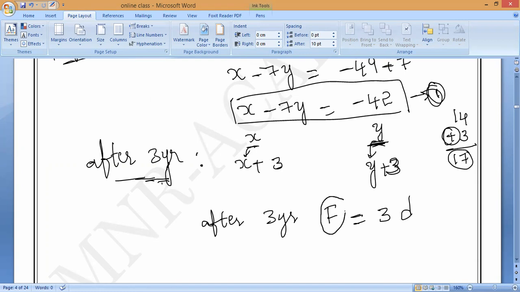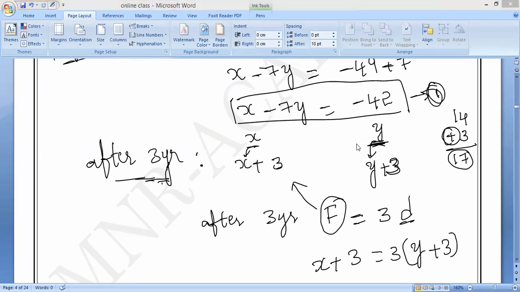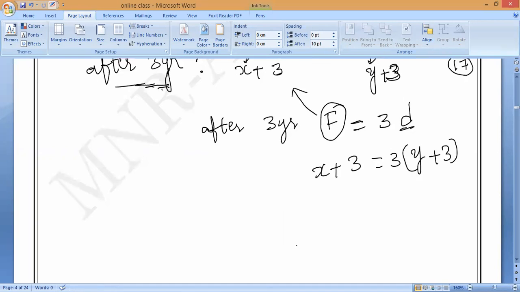What is the father's age after 3 years? x plus 3. 3 into, what is the daughter's age? y plus 3. Simplify this equation. x plus 3 is equal to 3y plus 9. 3 into y, 3y, 3 into 3, 9.